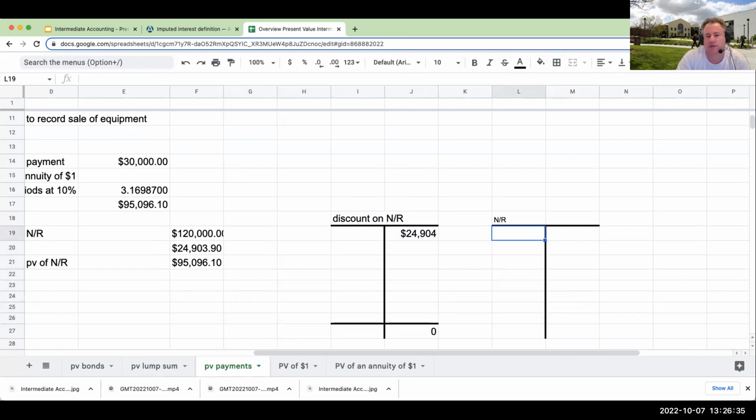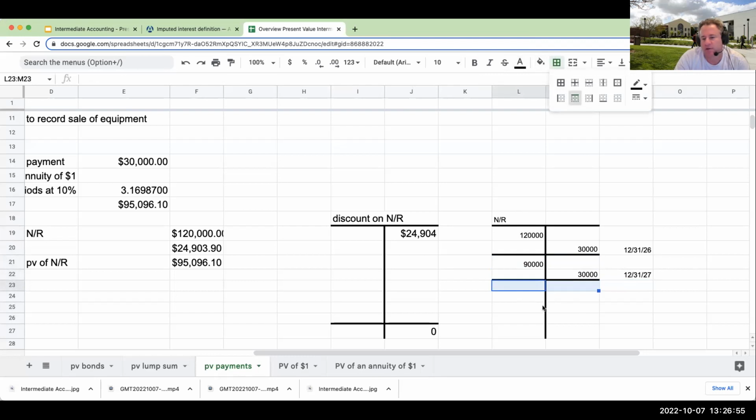My note receivable is 120,000. I'm going to get 30 grand on 12/31/26, and the balance will be 90,000. That's the first payment that comes through. I'm going to get another payment of 30,000 on 12/31/27, and the balance is now 60,000.